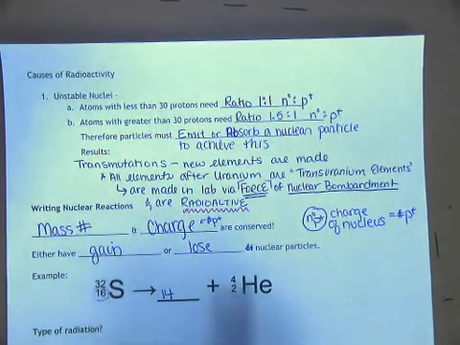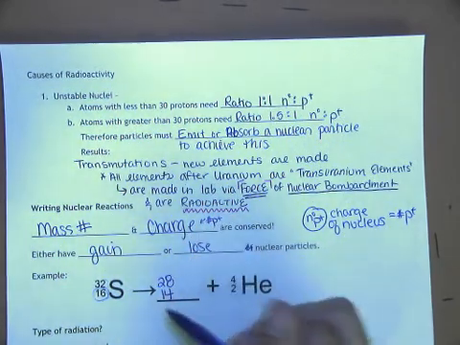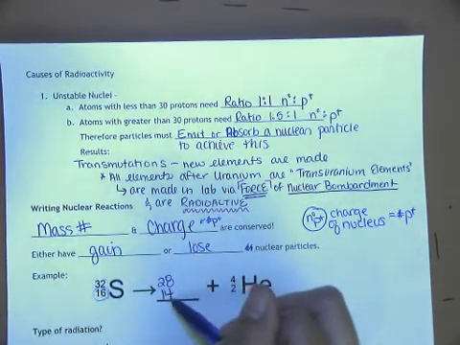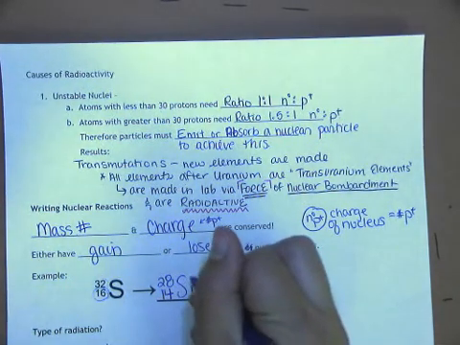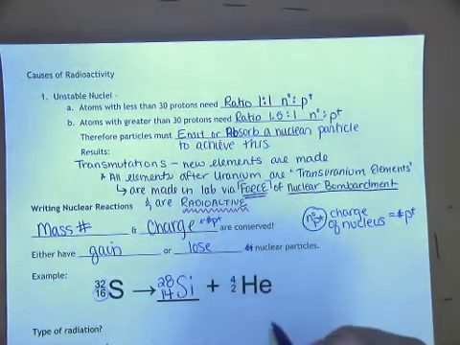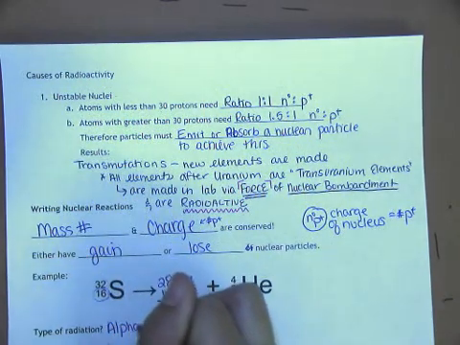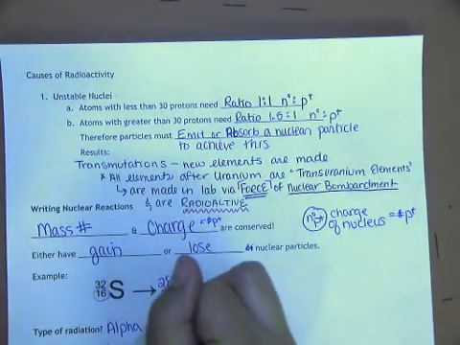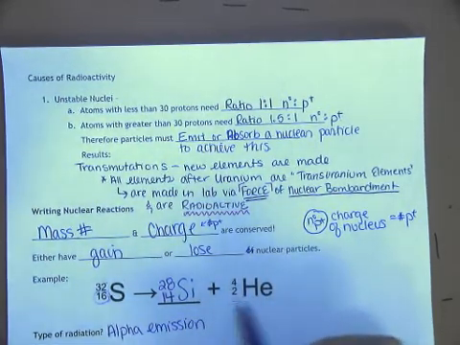I have 32 on the top, and on the right I have 4. So what plus 4 is 32? That's 28. I look on my periodic table to find out what is number 14. Number 14 is silicon. So the type of radiation here is alpha emission, because an alpha particle is emitted.